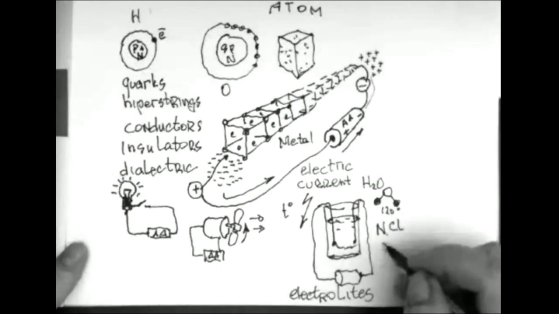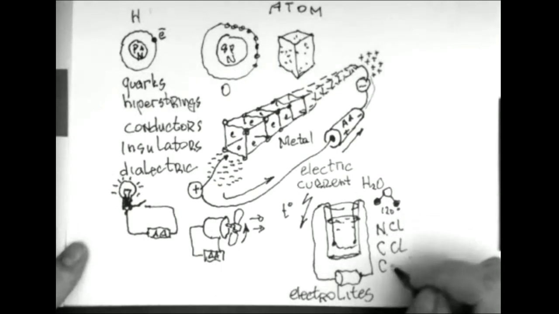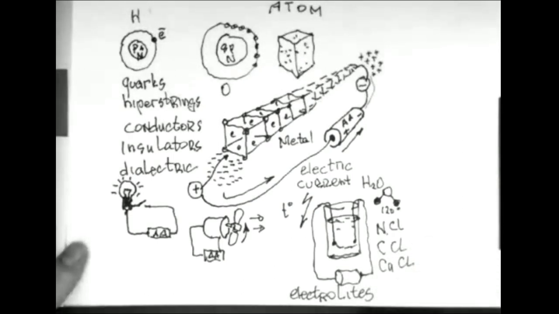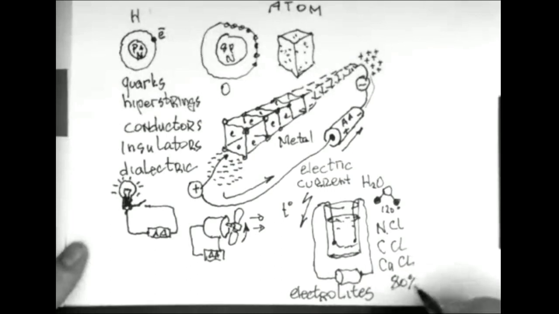And you also have potassium chloride and calcium chloride, and those are the salts that you have inside of the human organism, because 80% of the human organism actually contains water.